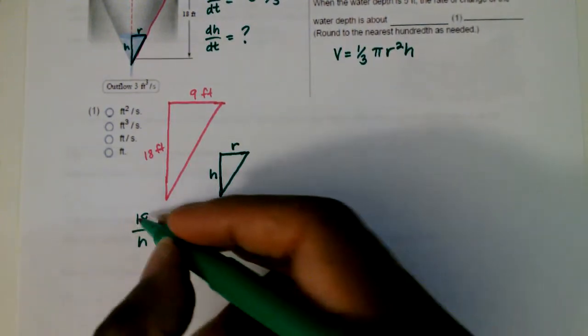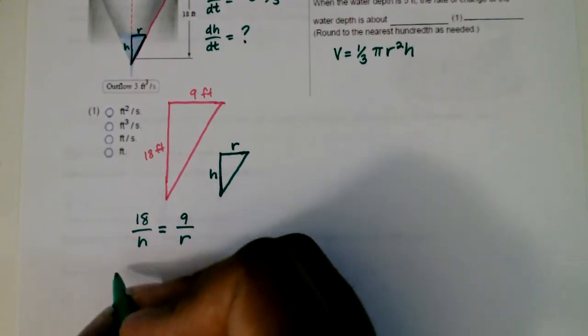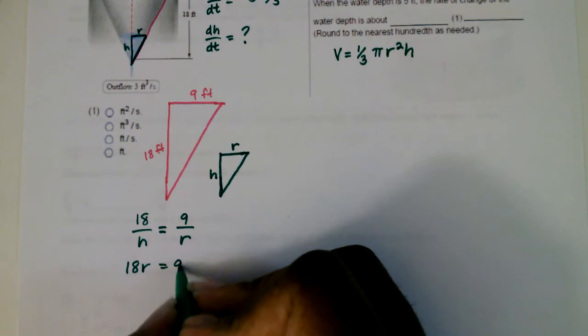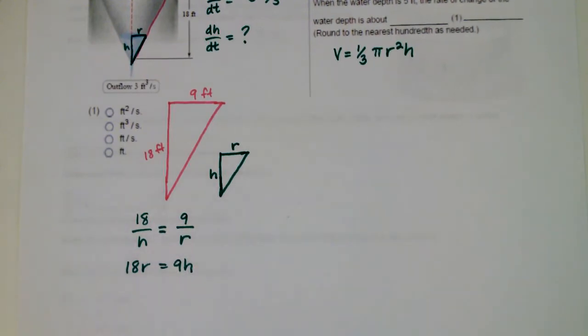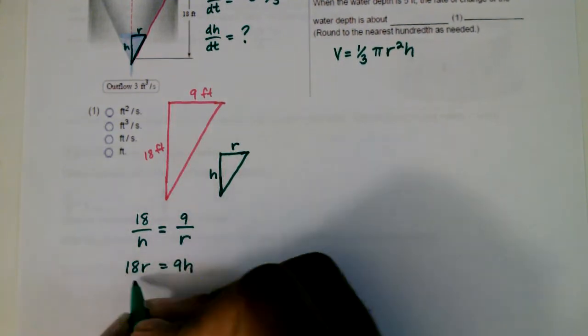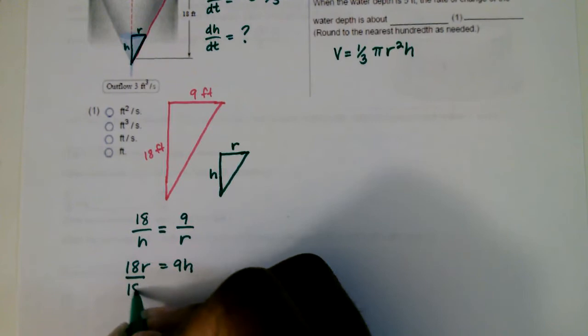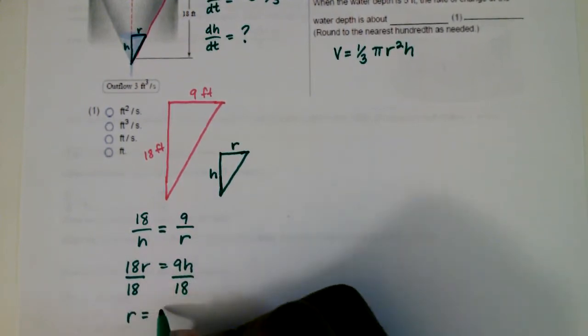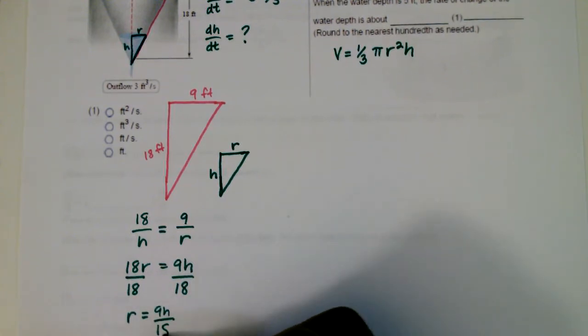Okay, so now cross multiply: 18 times r is 18r, equal to h times 9, that'll be 9h. So I have 18r is equal to 9h. If I divide both sides by 18 to solve for r, r is equal to 9h over 18.